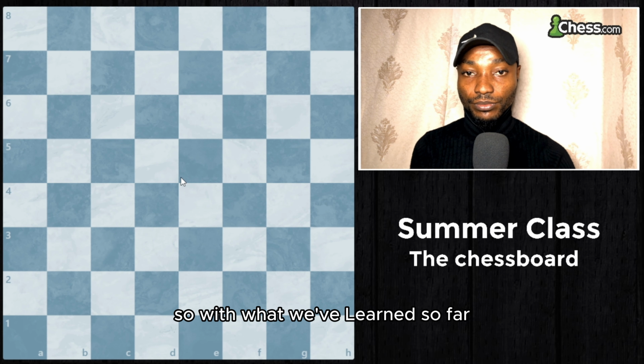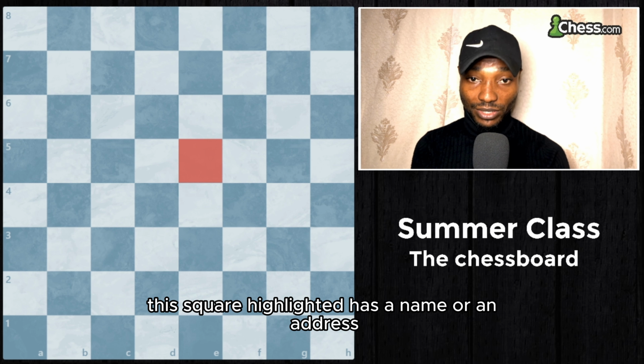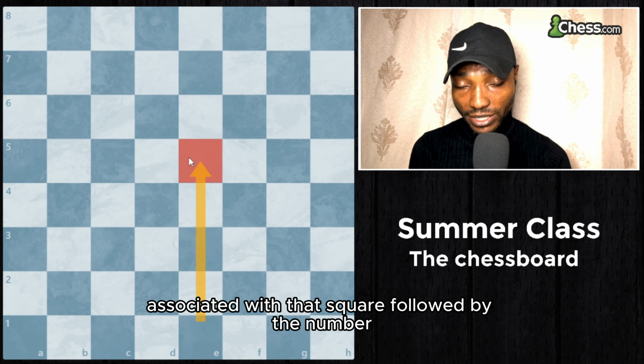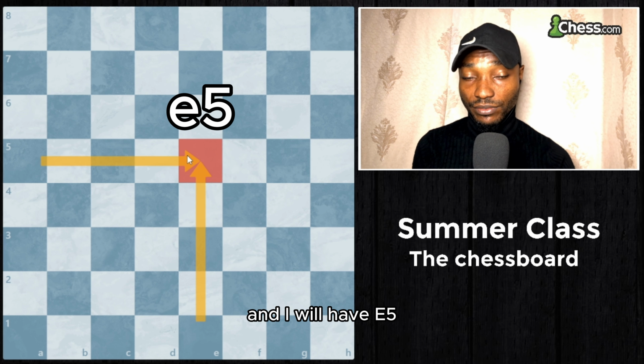So, with what we've learned so far, we can name squares on the chessboard. This highlighted square has a name or an address. How did I know? All I need to do is to connect the letter associated with that square, followed by the number, and I will have E5.